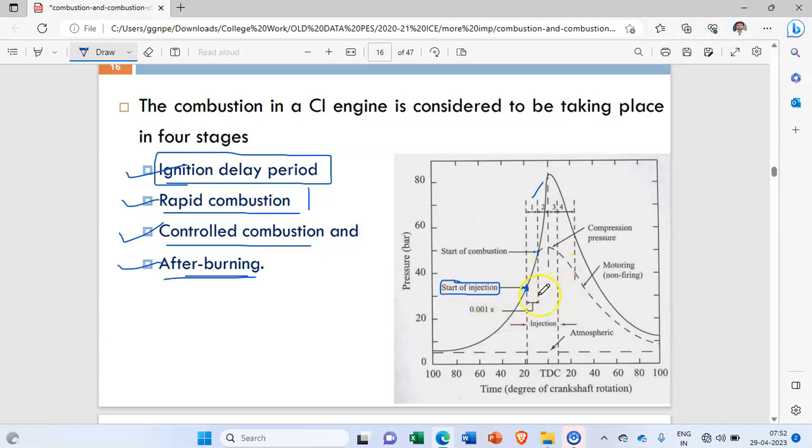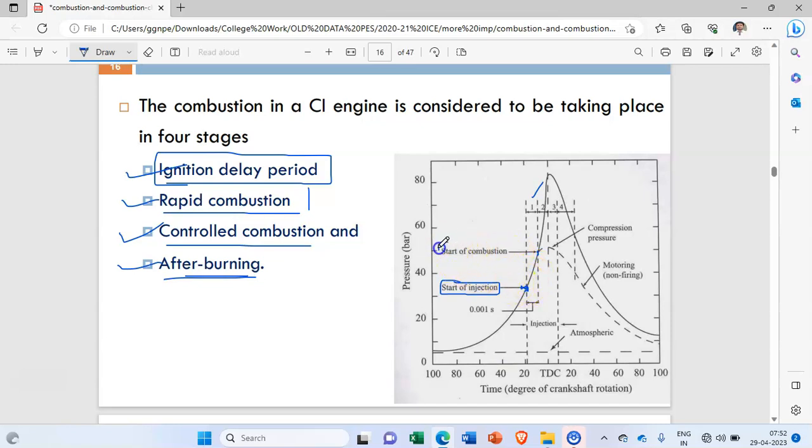Start of injection has taken place, but there is no start of combustion exactly at point A. Why? Due to the physical process and chemical process, the combustible mixture must be formed inside the combustion chamber. Unless the mixture is formed, it will not get burned.